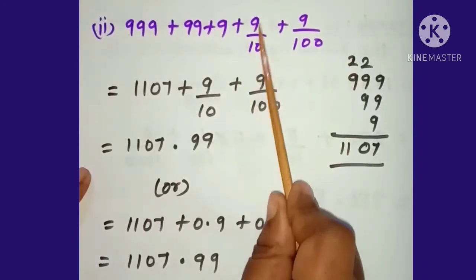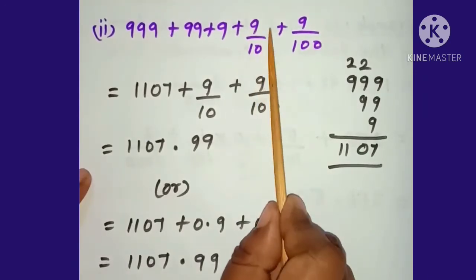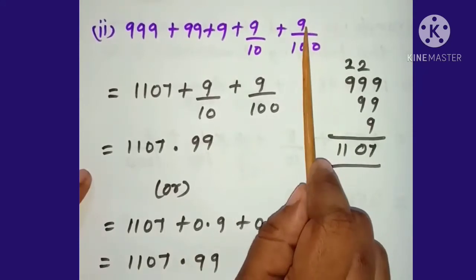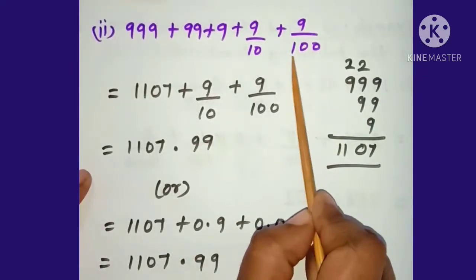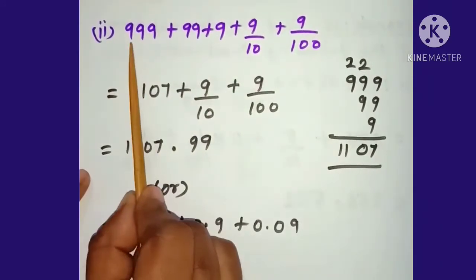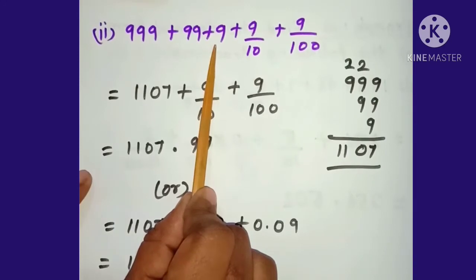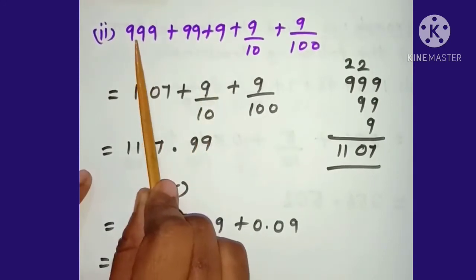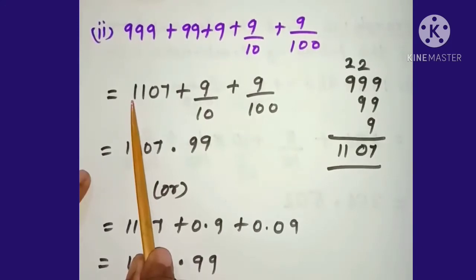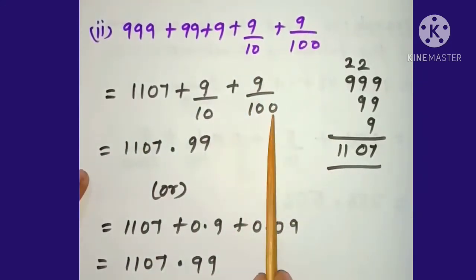So 9 by 10 means the digit 9 which is in the 10th place, and 9 by 100 means the digit 9 which is in the 100th place. In the next step, first add all these numbers which are in the whole part or integral part. That is 999 plus 99 plus 9, which gives 1107. Plus 9 by 10, 9 by 100.